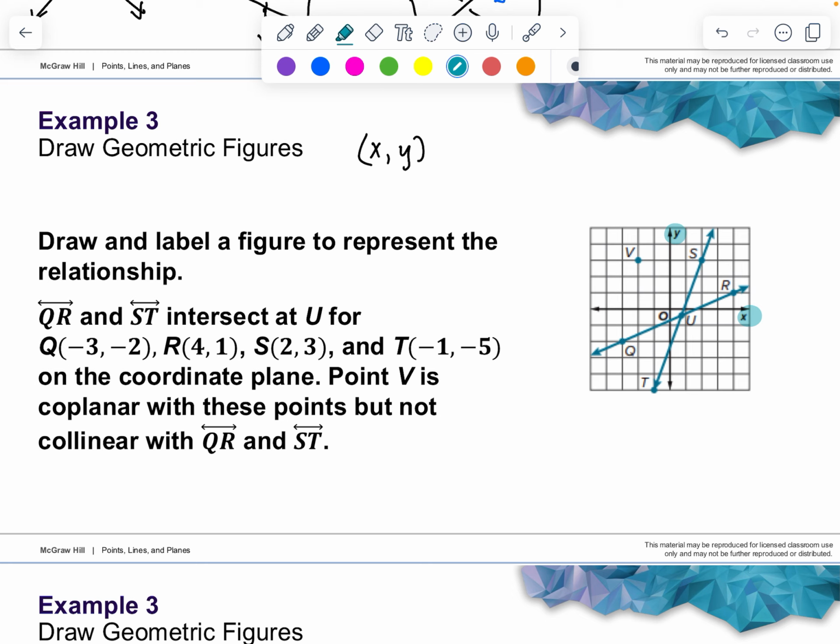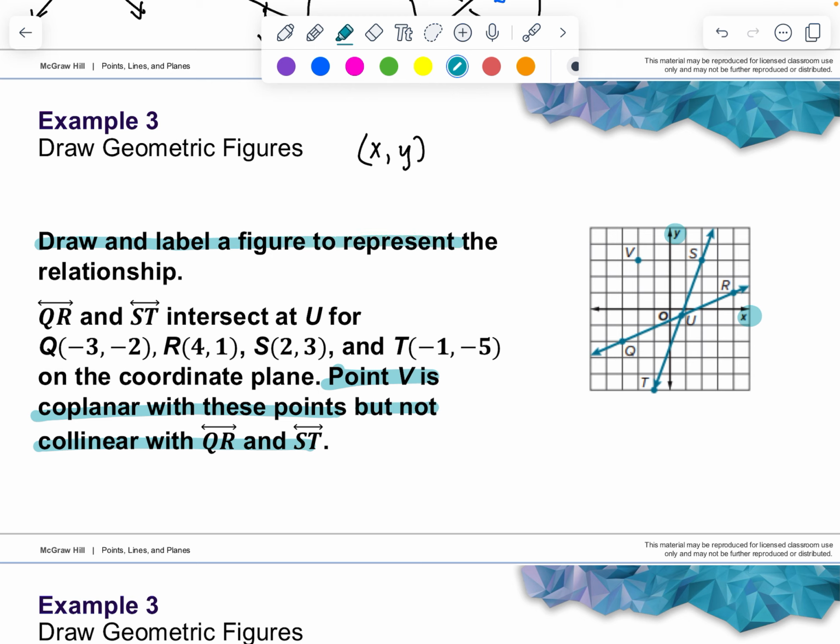So just practicing all of those skills, right? So they graphed their lines, figured out where they intersect. So they plotted QR, they plotted ST, and then they said point V. This is point V is coplanar with these points, but not collinear with QR and ST. Draw a label, and then they go back.